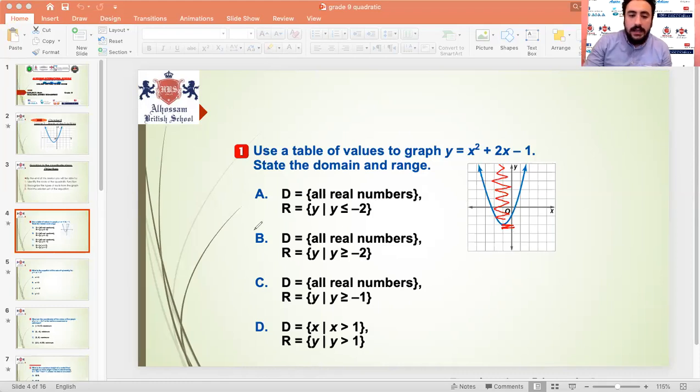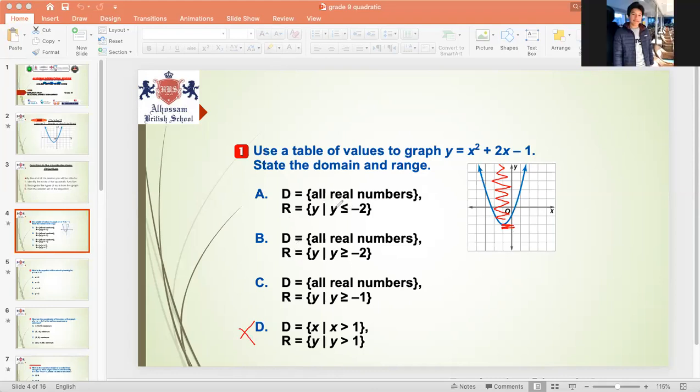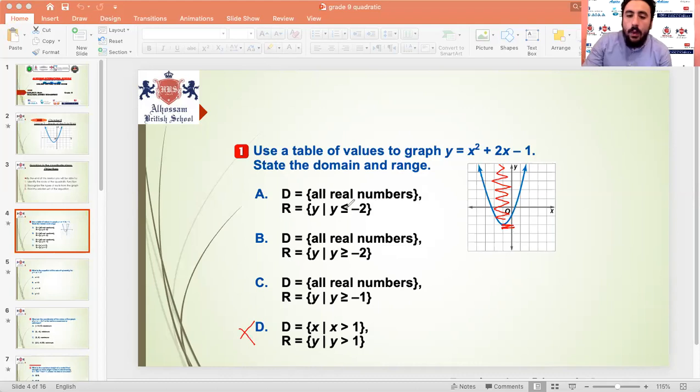I'm going to choose A, B, C, or D. Of course, it's not going to be A, because A says y less than or equal to negative 2, but I want greater than or equal to negative 2, because all the values are above negative 2 and the curve is upward. Okay, Yusuf? Okay.